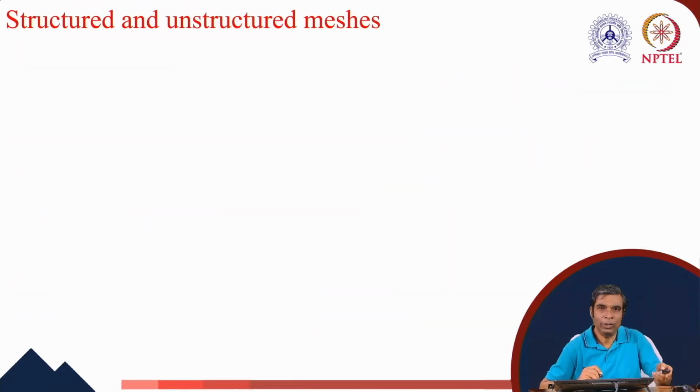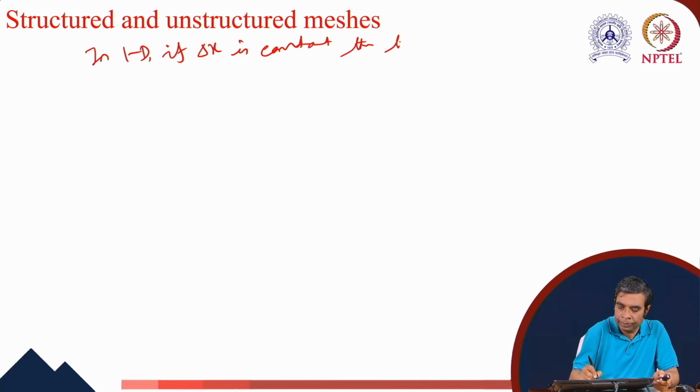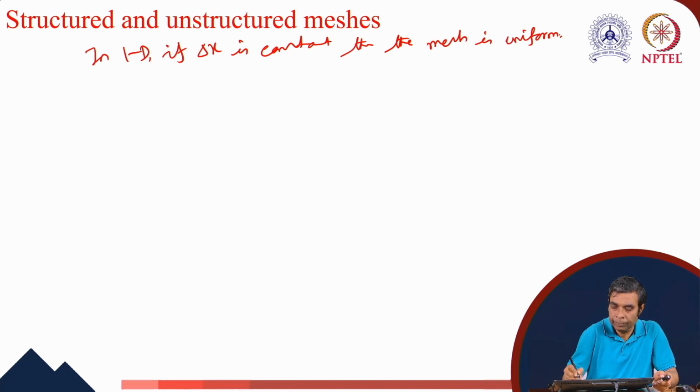In a one-dimensional mesh, if the mesh size is constant, then we say that the mesh is uniform, else the mesh is non-uniform. So in 1D, if delta x is constant, then the mesh is uniform. In one dimension, there is no concept of an unstructured mesh.